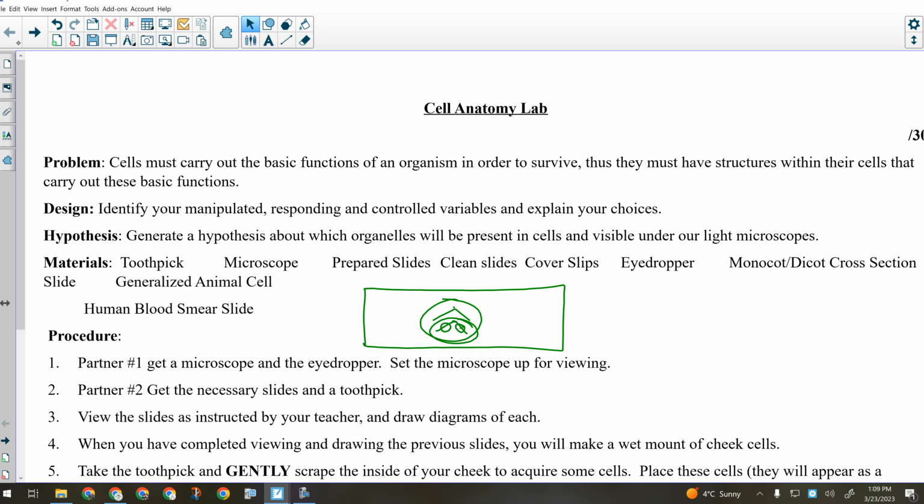For our hypothesis, the if part needs to answer the problem. The whole purpose of doing this lab is to figure out what things are necessary for a cell to carry out its basic functions. So I would say the if part should probably talk about the second point of the cell theory.